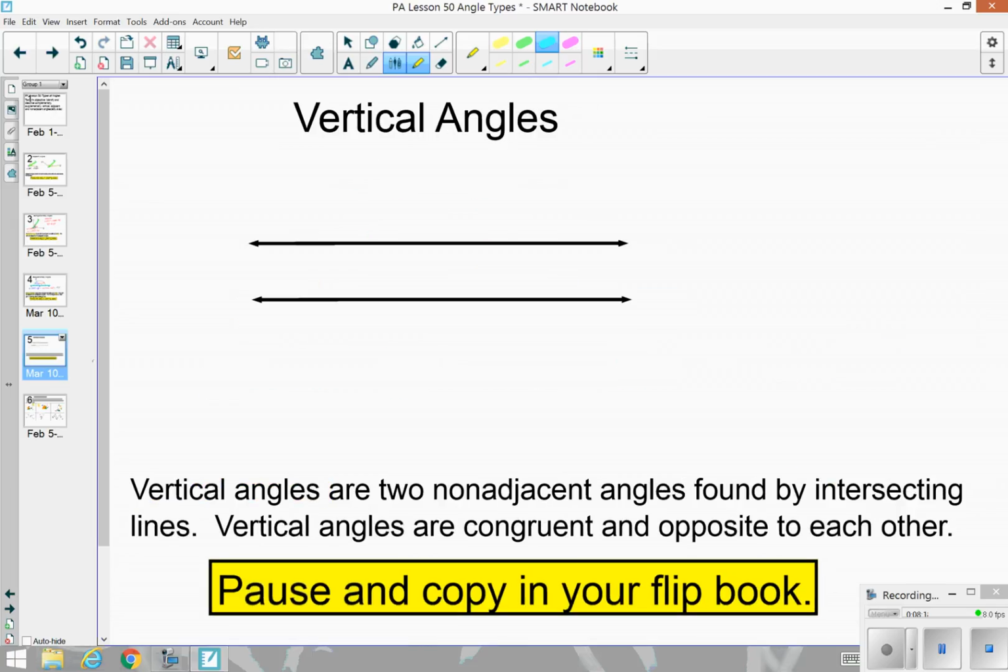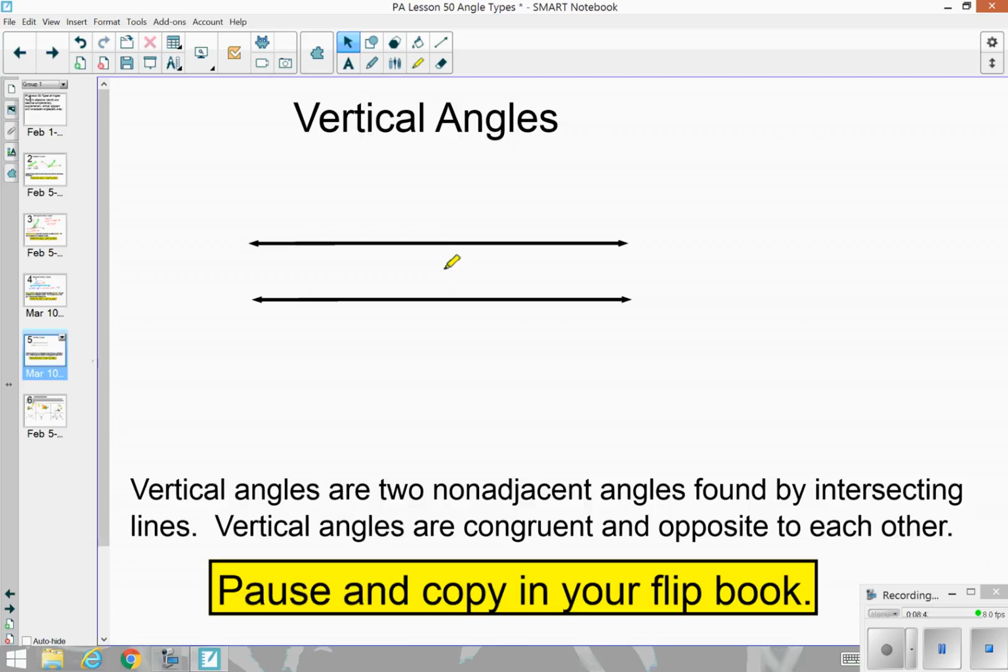Great. All right, the last type of angles that we have are what we call vertical angles. And right here what we see is we have two sets of parallel lines. And parallel lines, if you remember, simply mean that they are two lines that if they were extended on and on and on into their opposite directions forever, they would never cross each other.